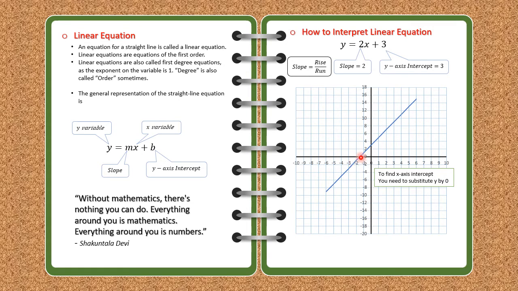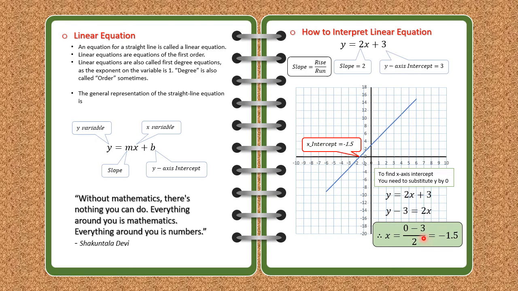To find that one, y equals 0. We substitute it in this equation and we get x equals -1.5. Meaning this point is (-1.5, 0).